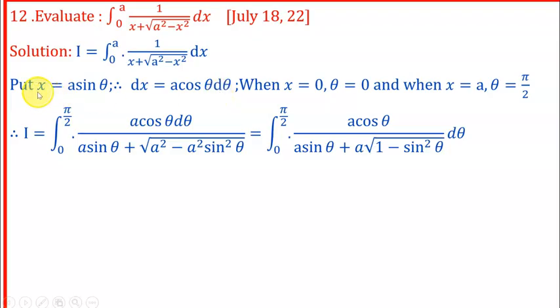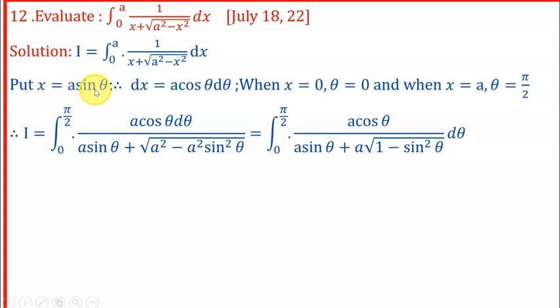Now, as we are changing the variable, we will change the limits also. When x is equal to 0, replace x: a sin theta is equal to 0. Therefore sin theta is equal to 0, and the value of theta is 0. Next, the upper limit is a.